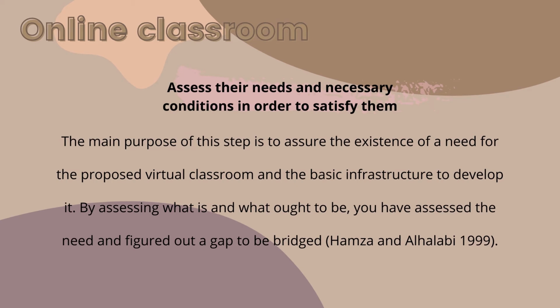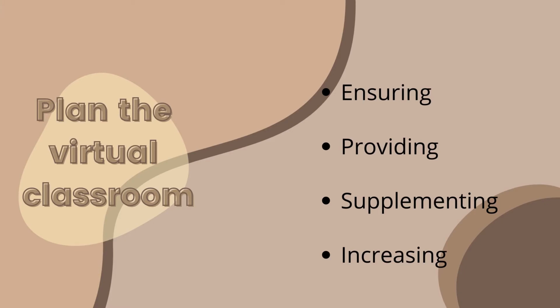Number two is plan the virtual classroom. There are 4 points for you to plan your virtual classroom or your online classroom. The first one is ensuring that all students and teachers have equal access to instruction and receive all instructional material on time.